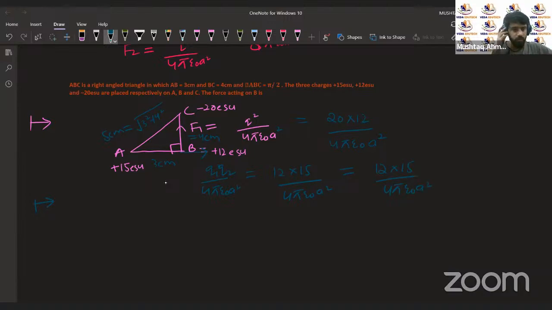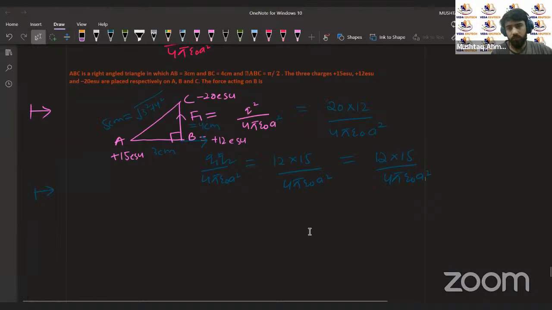Now these are the two forces acting on the charge P because of the charge A and the charge C. The side A here in this case is given as 4 centimeter, and here in this case it's given as 3 centimeter.